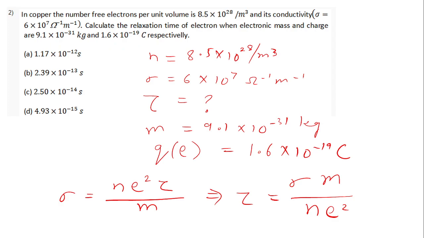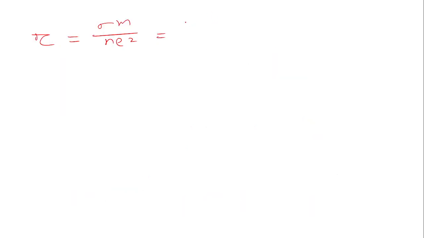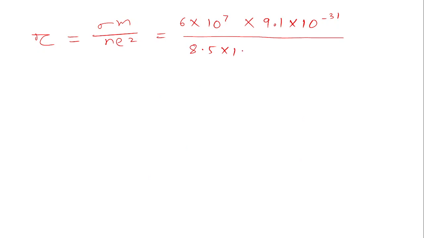The relaxation time is sigma m over n e square. Conductivity is 6 times 10 to the power 7, mass of electron is 9.1 times 10 to the power minus 31, charge density is 8.5 times 10 to the power 28, and charge of electron is 1.6 times 10 to the power minus 19 coulomb, squared.